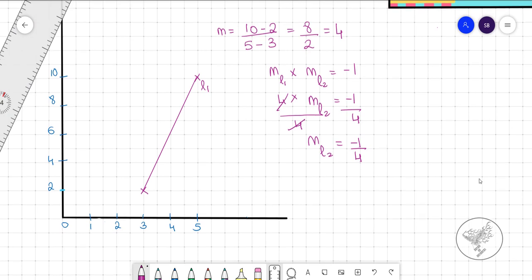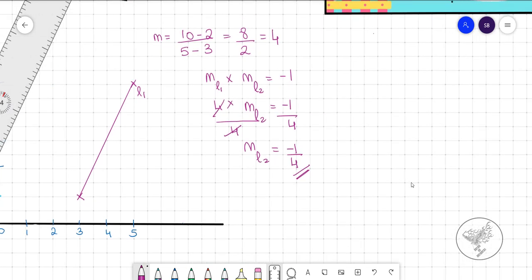Next, you're supposed to find the midpoint of this line. You have the gradient of the perpendicular bisector line, which is minus 1 over 4. Now find the midpoint, the center point of the line. Midpoint of L1 is equal to 3 plus 5 divided by 2, comma 10 plus 2 divided by 2.